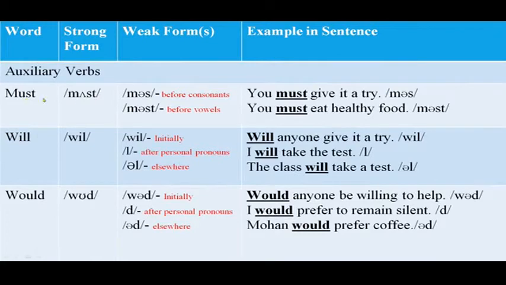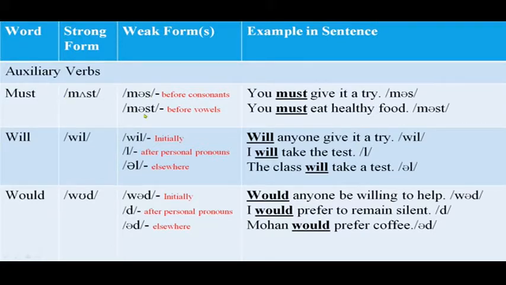Next we have 'must', which has two weak variants. Please keep a note of the same. 'Must' is pronounced as /məs/ with the t being silent. Please carefully note, when 'must' is placed before consonant sounds, the t has to be kept silent.